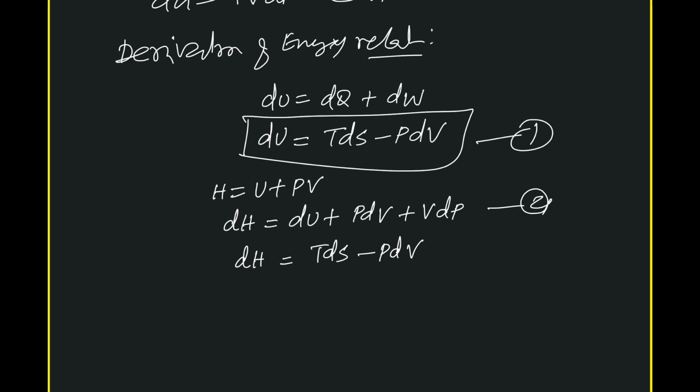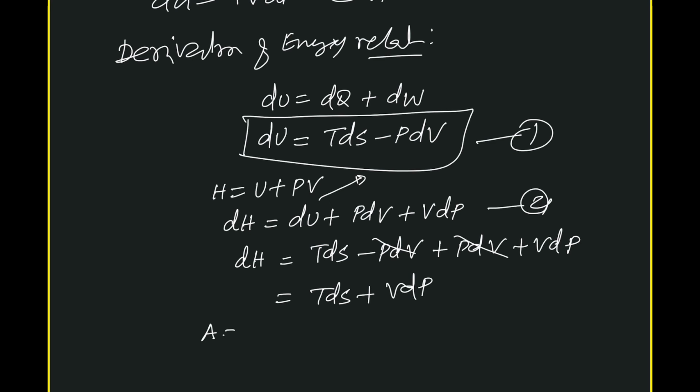Using 1 in 2, this dU is replaced using TdS minus PdV, and already there is a PdV plus VdP. So PdV getting cancelled, so dH equal to TdS plus VdP. And the definition of A equal to U minus TS. So dA, what is dA?